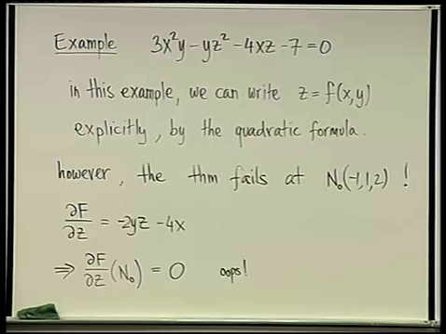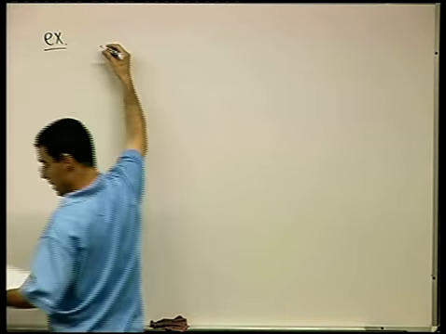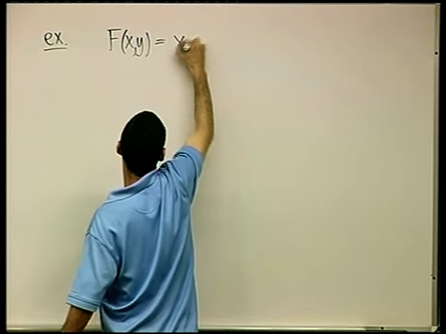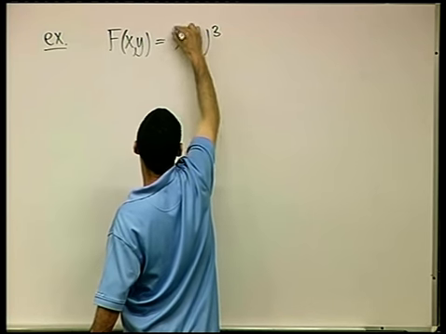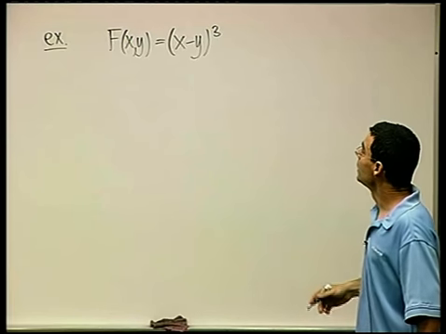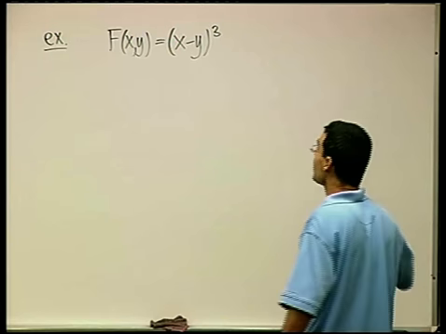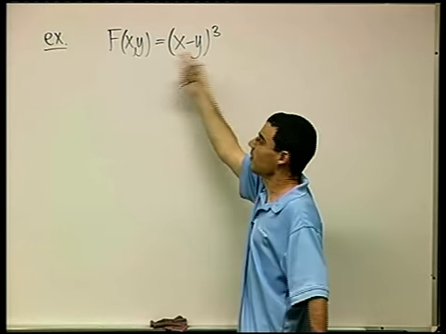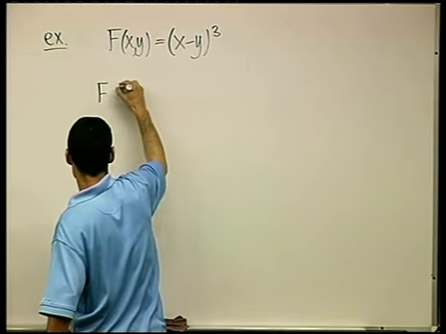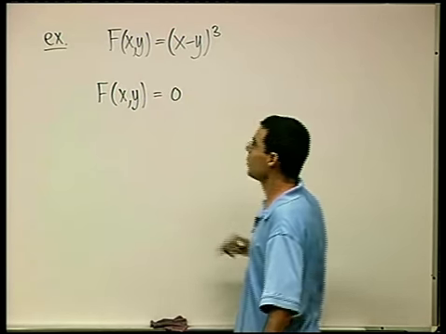So here's another example. Let's look at the function. Here's the relation. F of x, y equals x minus y to the power 3. Can you tell me how to write y as a function of x such that f of x, y would equal 0? So we want to know, can we write y as a function of x such that f of x, y equals 0?